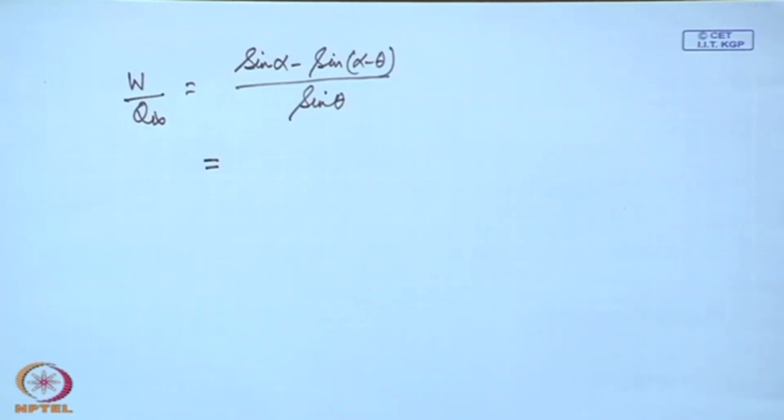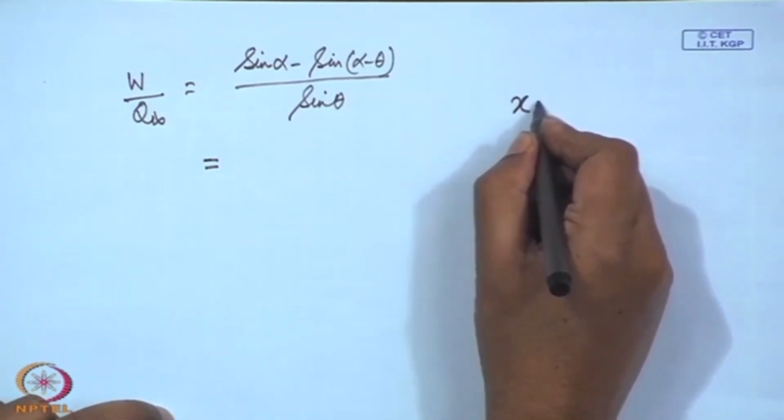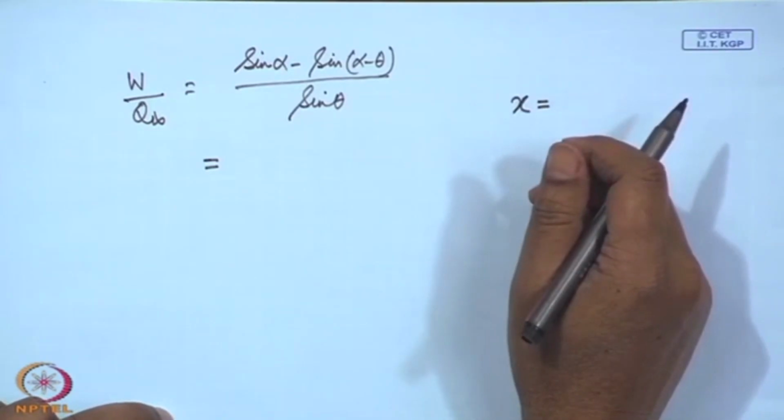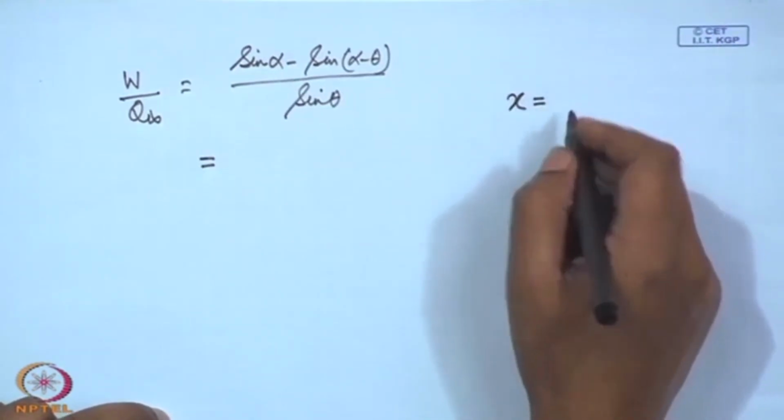Theta is the coordinate varying over the flat plate from 0 to 2 pi. Instead we want to use x or x by c. How are x and theta related? x is equal to 2 r cos theta, not r cos theta, and 2 r is c by 2.